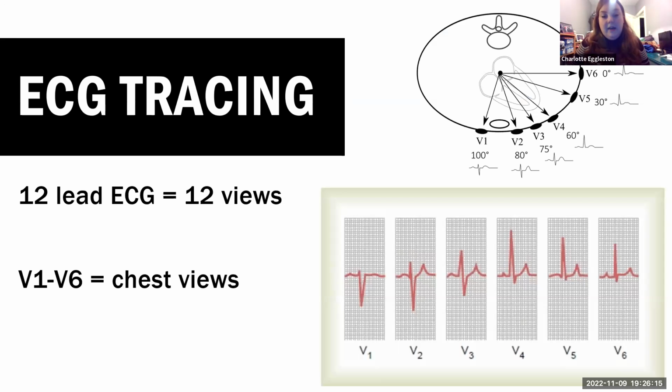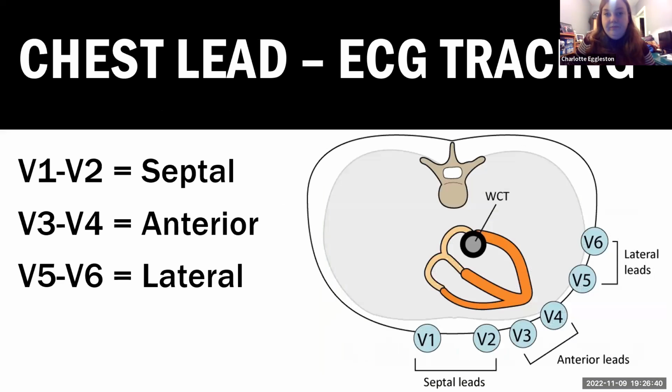With these, you'll effectively get 12 views of the heart, because the combination of these leads gives us different views of the heart. For the chest leads, it's quite easy to work out what they're looking at, because it's basically looking in where you've put the stickers. V1 is looking at the septal part of the heart, because the heart is tilted, all the way round to V6, which looks at the lateral side of the heart, as you can see in that diagram.